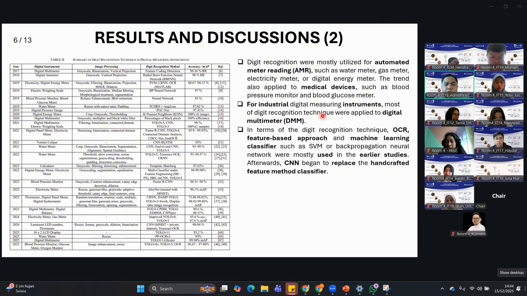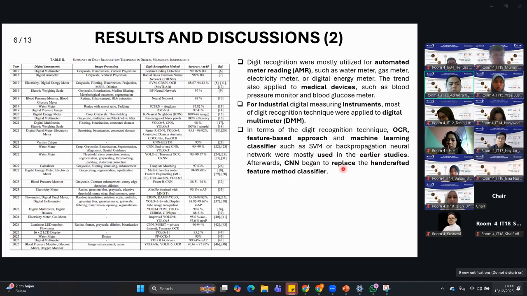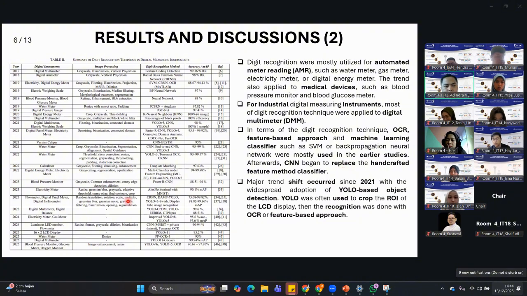In terms of digit recognition techniques, OCR, feature-based approaches, and machine learning classifiers were mostly used in the early years. Afterward, CNN began to replace handcrafted feature method classifiers. Then a major shift occurred since 2021 with the widespread adoption of YOLO-based object detection.